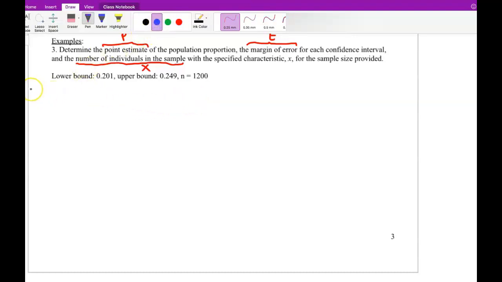But we know that our population proportion should be between, so this is confidence interval, should be between p hat point estimate minus our error and p hat plus error.